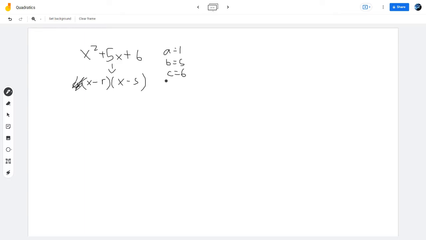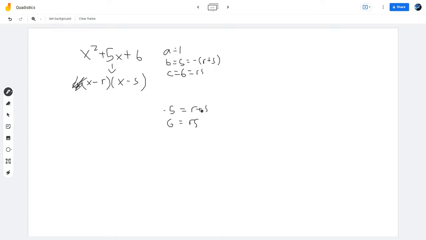And so therefore we know that 5 is equal to negative r plus s, and 6 is equal to rs. So negative 5 is going to equal r plus s. We want to find two numbers r and s that satisfy these two conditions.